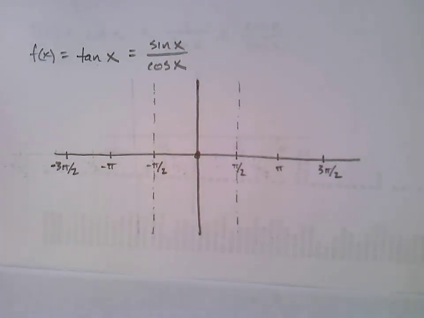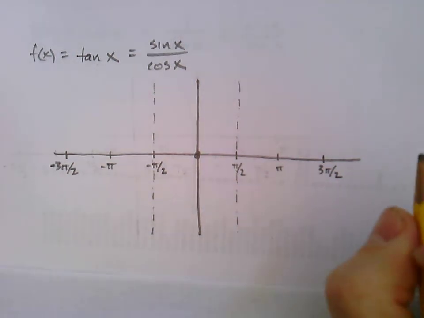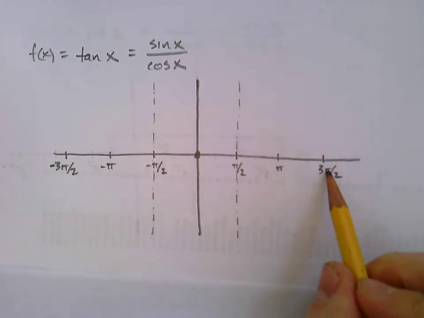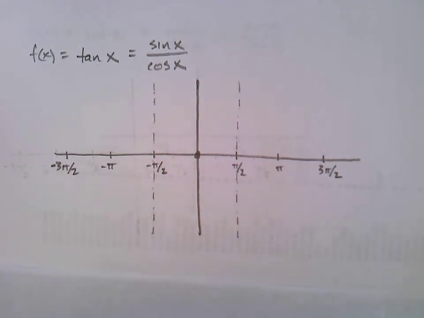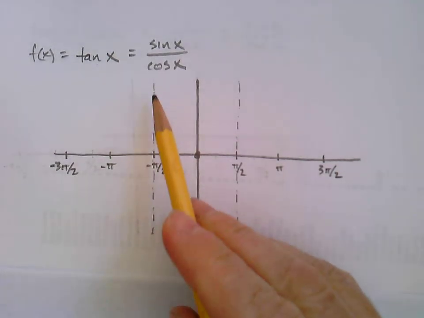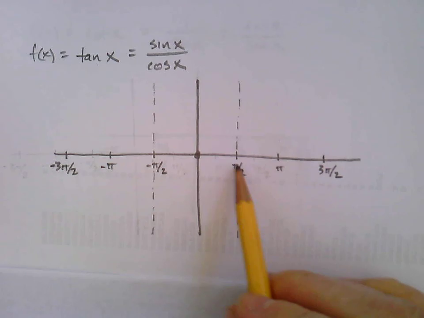Vertical asymptotes. Same is true for 3 pi over 2 and negative 3 pi over 2, but I'll save that for now. Let's focus here. We've got a vertical asymptote at positive and negative pi over 2.